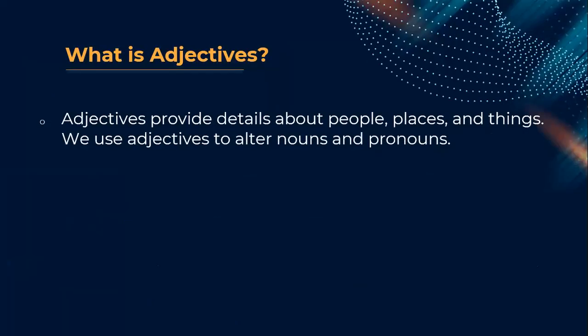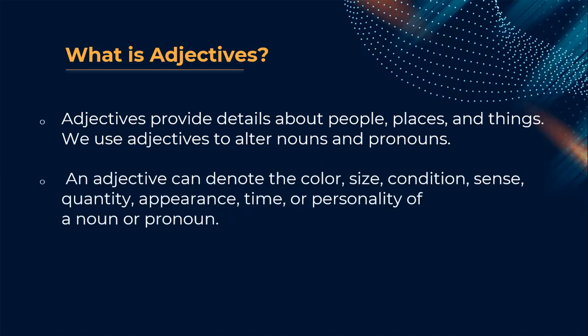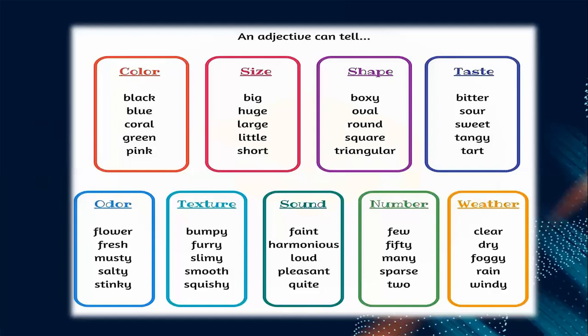They provide the details about people, places, and things, and that is why we can say adjectives are used to modify nouns and pronouns. Adjectives can denote the color, size, condition, sense, quantity, appearance, time, and personality of any noun or pronoun.